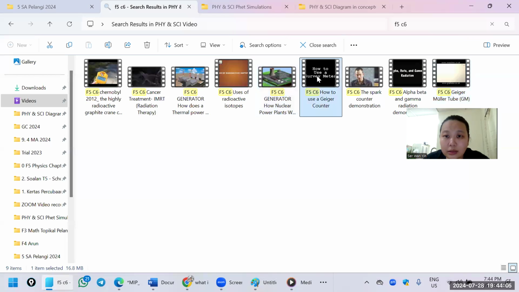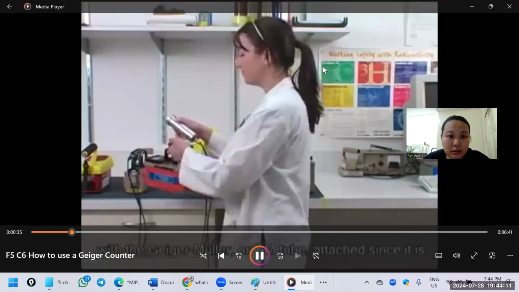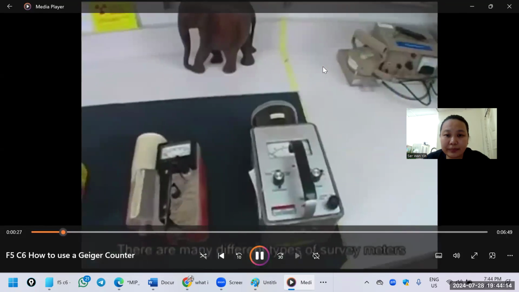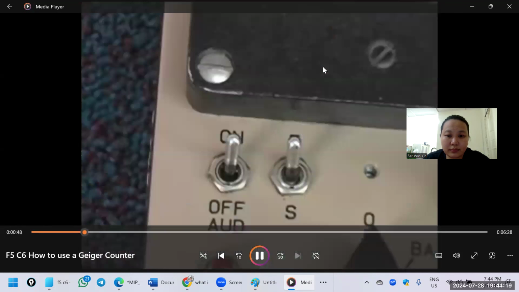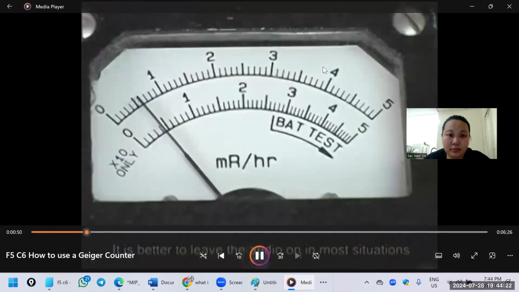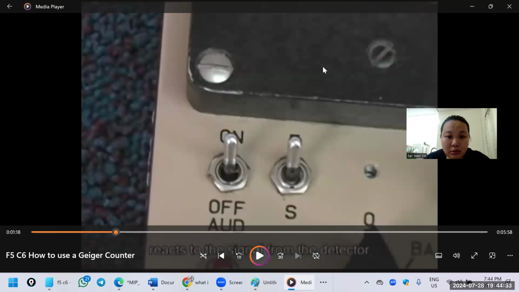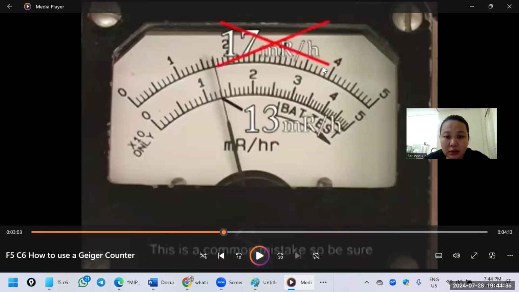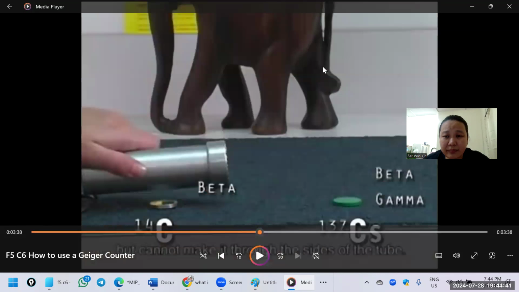How to use the Geiger-Müller? This is the radioactivity. This one is averaged in hours, some in minutes, right? So then you can see this is the count.